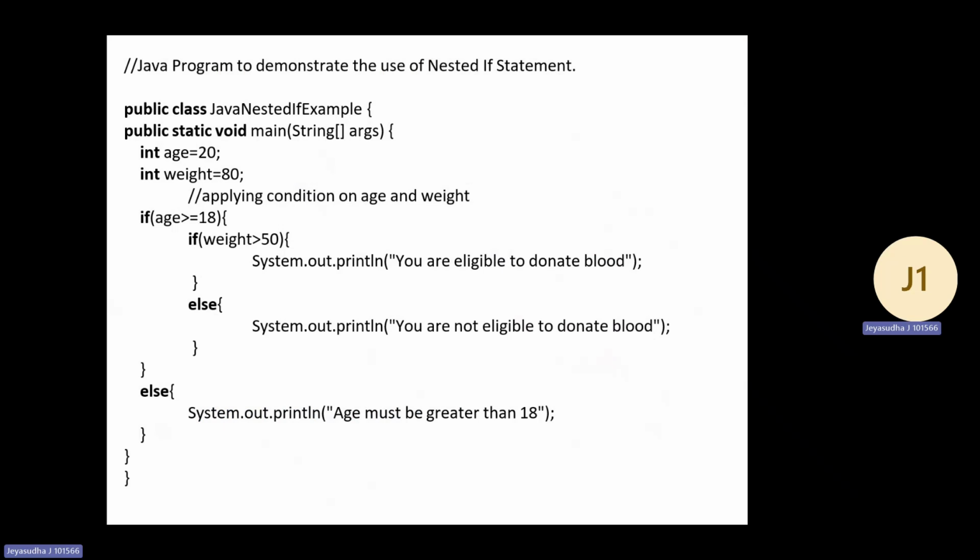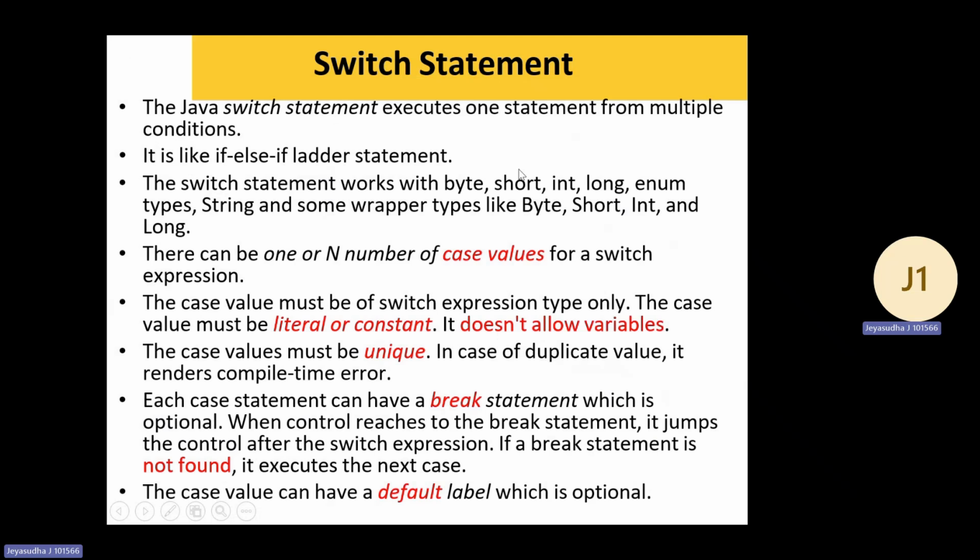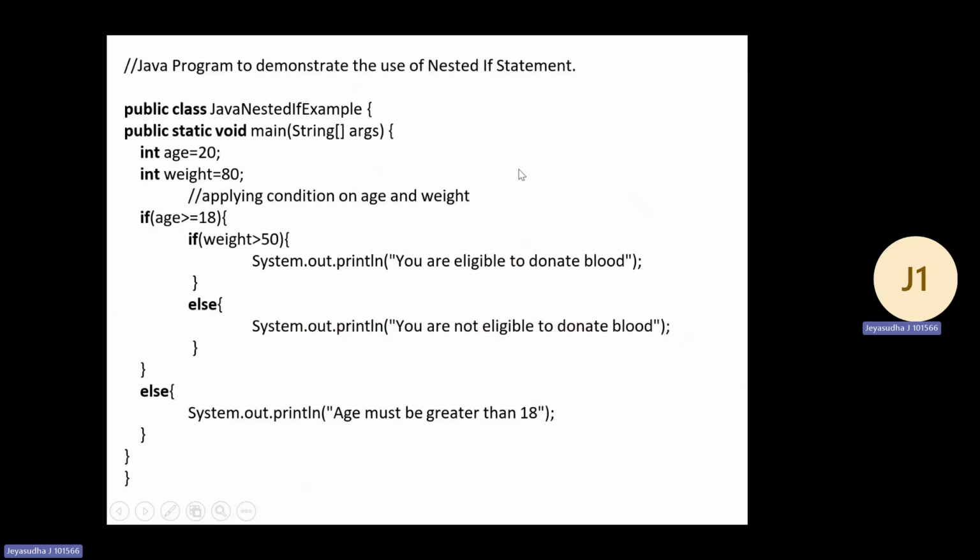I am just taking two values, age and weight, and I'm checking whether his age is greater than 18, as well as whether his weight is greater than 50. So I'm categorizing him as ready to donate.